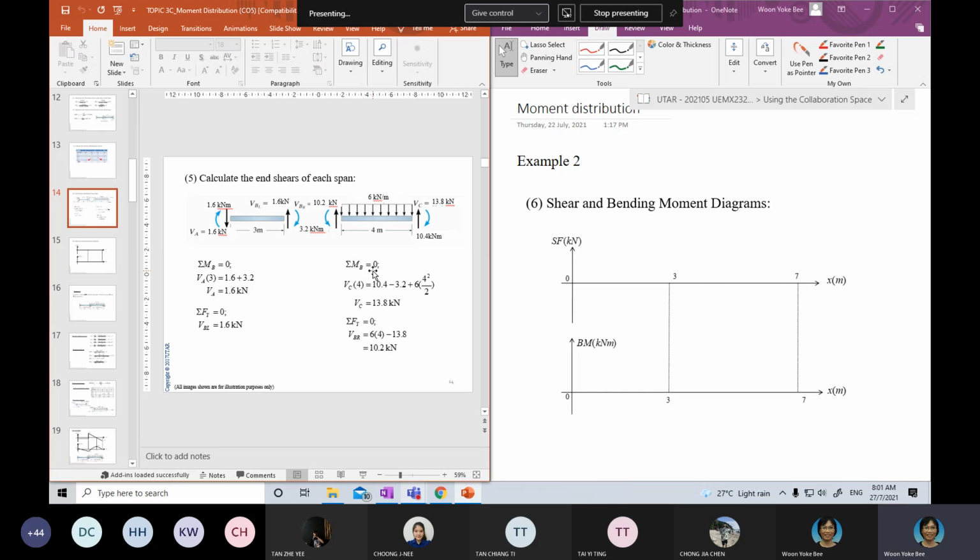So for today, what we are basically going to cover, or I will try to cover in the next 2 hours, is the remaining examples on moment distribution for beams. And then in the second half of the hour, we will try to cover the frames without any sway.